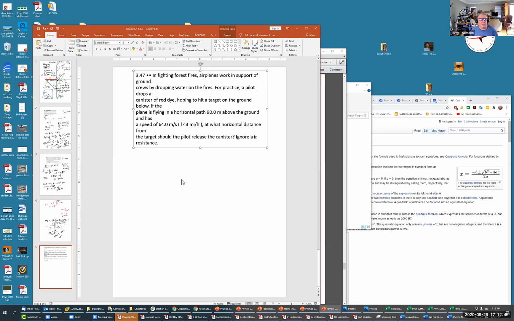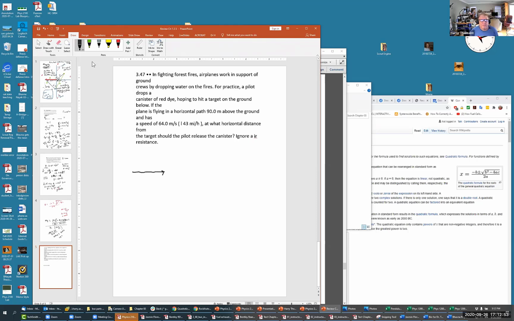Okay, so we're flying horizontally, and we have a v sub x equal to 64.0 meters per second. We'll call this the plus direction. And we have a height, y sub 0 equals 90 meters.